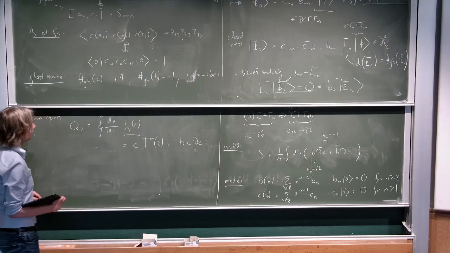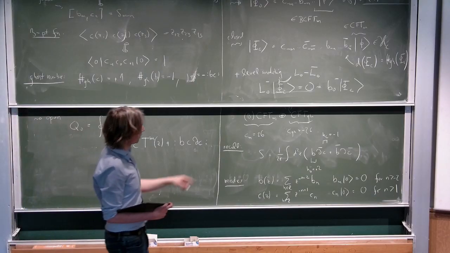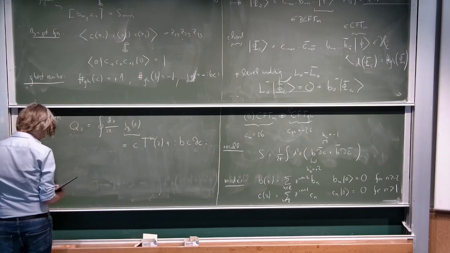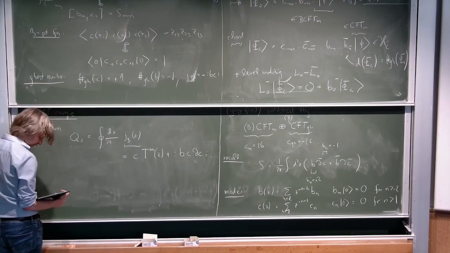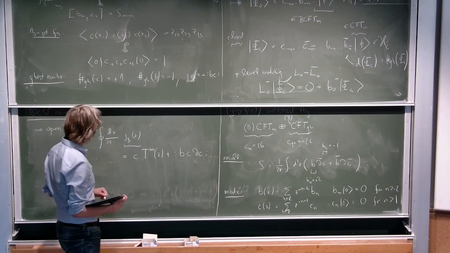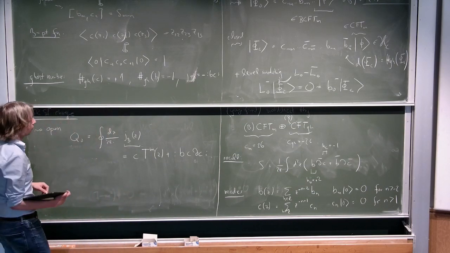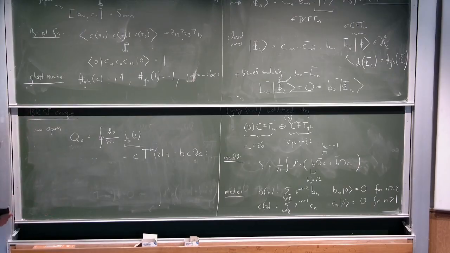So then, similar to how we assign degrees or grades to the states in the Hilbert space, we can also assign a definite degree to operators acting on that Hilbert space. So this Q is an example of an operator which will act on these states.